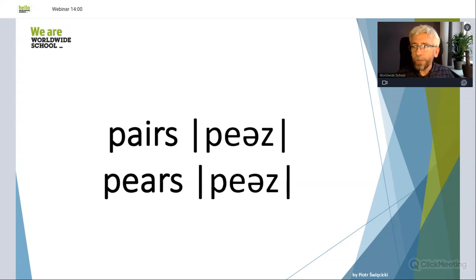Words which look almost the same, but have completely different meaning. So we'll have a look at 19 examples of such pairs. There's going to be a triplet on the list as well. So hopefully by the end of this session, you will have learned something like 40 new vocabulary items, or you will have reminded yourselves of some interesting words.